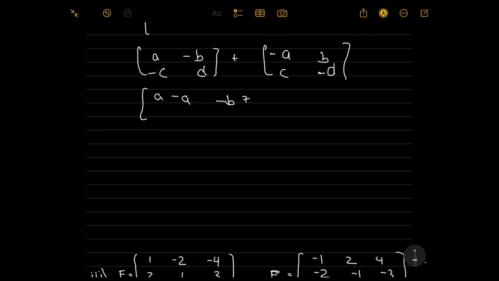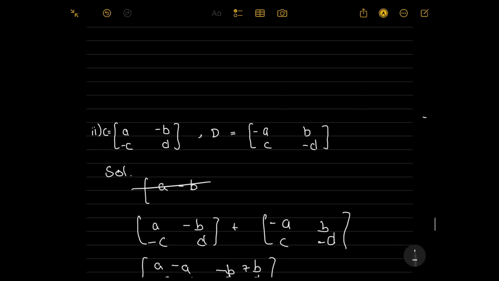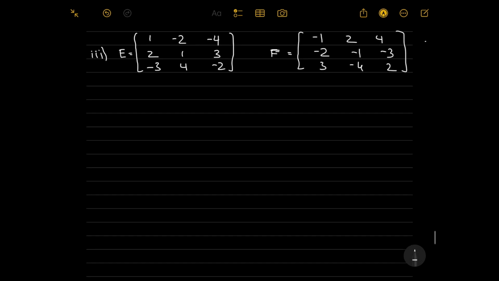So A minus A, minus B plus B, minus C plus C, D minus D is 0, 0, 0 and 0. So you got a null matrix, which means C and D are additive inverses of each other.